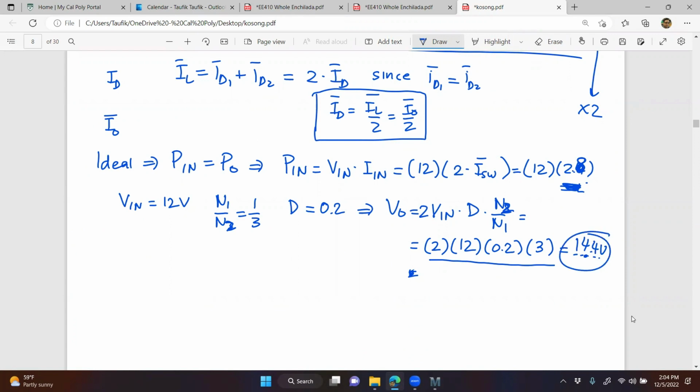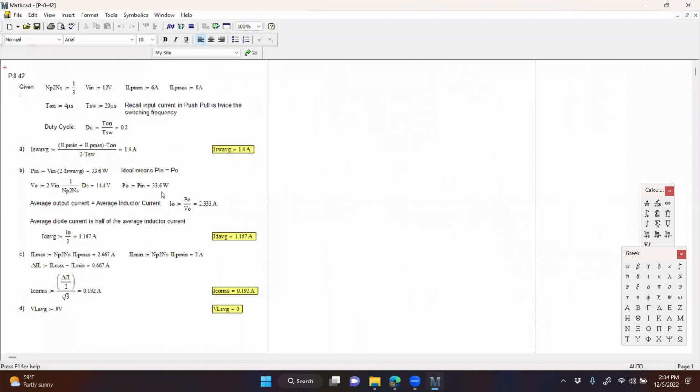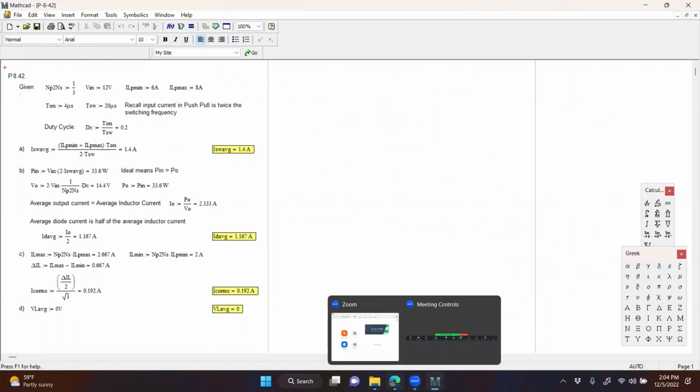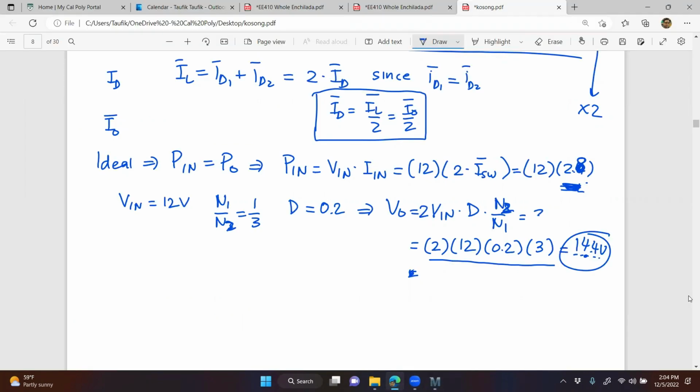Now we have the output voltage and the output power. P out is equal to 12 times 2.8, which is 33.6. So now I know I out average, which is P out over V out.